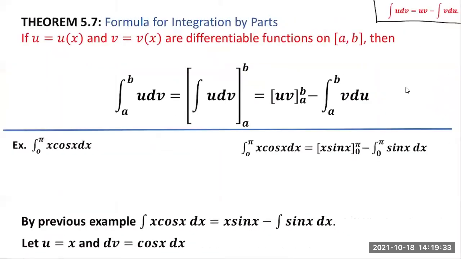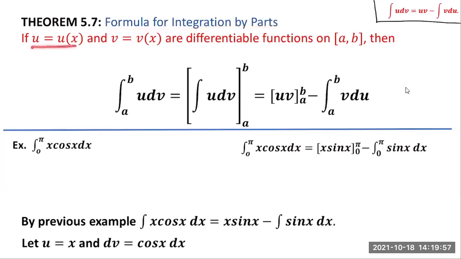All right, moving on. And then how do we apply the integration by parts formula for definite integrals? The procedure is the same. So let's look at this theorem to understand how we can apply the integration by parts formula for definite integrals. This is theorem 5.7, formula for integration by parts.